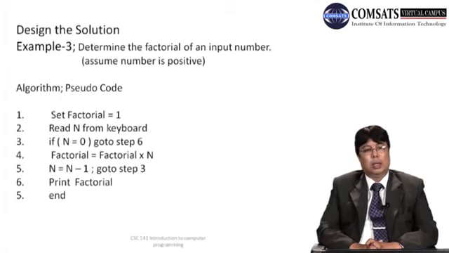Yes, you are right. क्योंकि n को तो हमने कीबोर्ड से रीड करना है. So we are not required to initialize n here. Second, last time हमने sum को declare किया था, initialize किया था to 0. Here we are setting the initial value of factorial equal to 1.